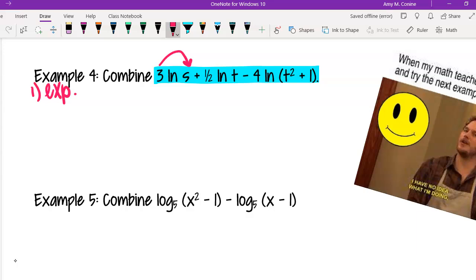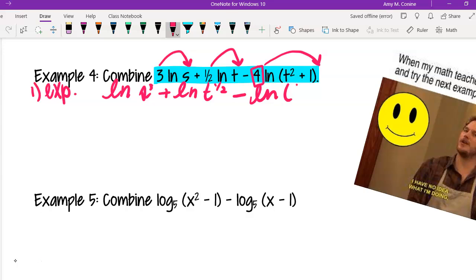So 3 goes up into the power for s, 1/2 goes up in the power for t, and just this 4, not the negative, goes up in the power for the group over there. So we're going to write natural log of s to the third plus the natural log of t to the 1/2 minus the natural log of t squared plus 1 raised to the fourth.